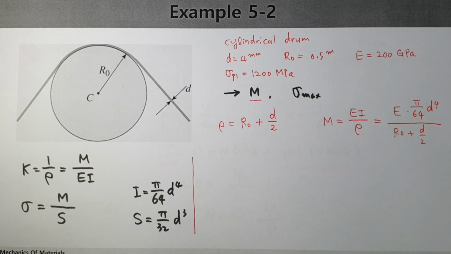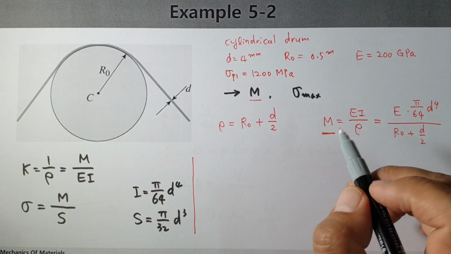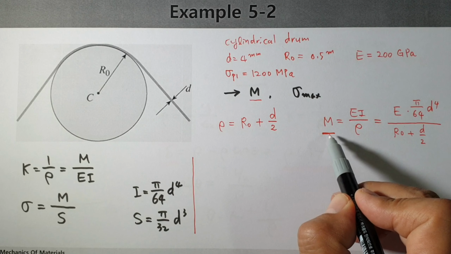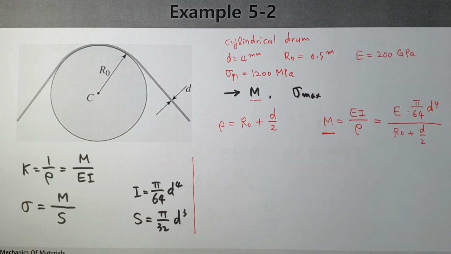We can calculate this, and the M value we can calculate. M is known. Next, if we know the M value, we can apply the sigma value there. And finally, we can calculate sigma max.